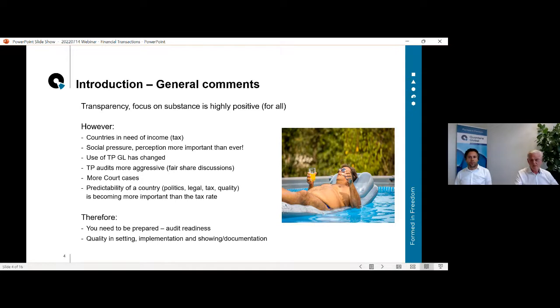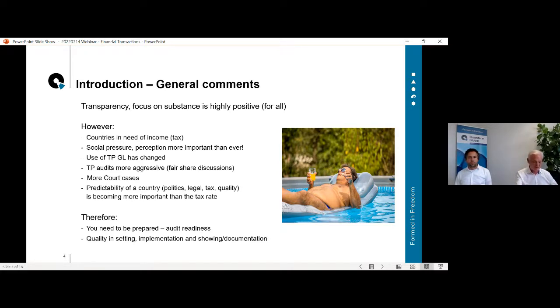The other item is social pressure, and that has been happening for a long time. I think people still know what happened around the inquiries in the UK and the US with Starbucks, Google, etc. And that perception is still growing.